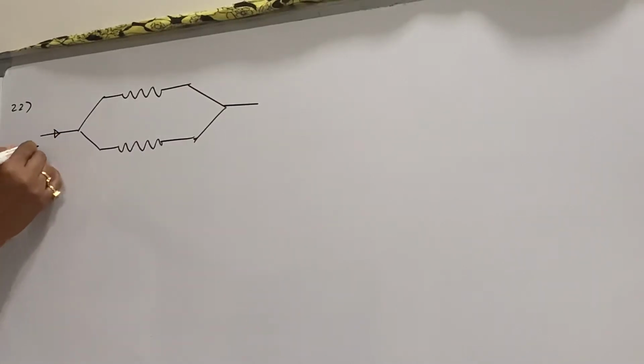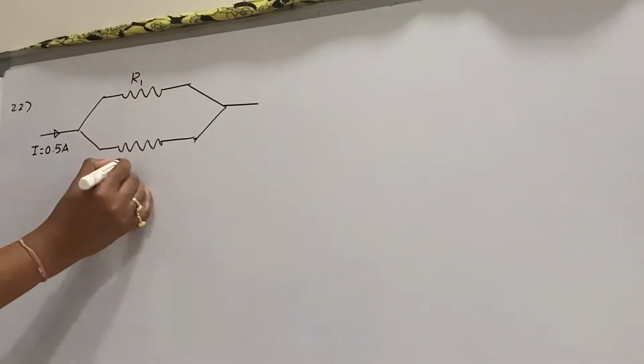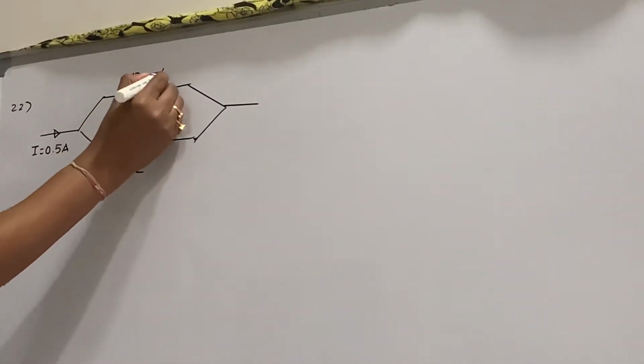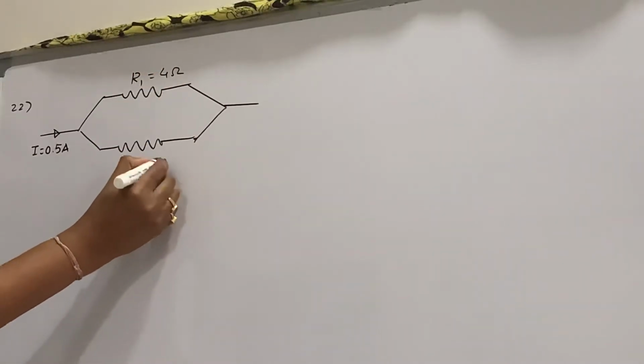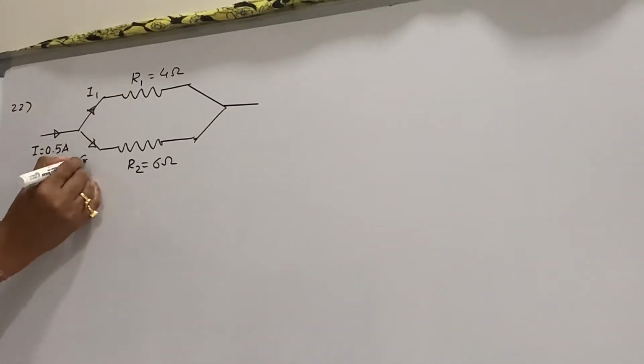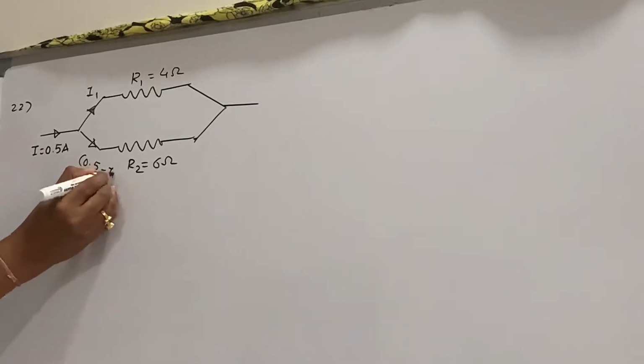The total current drawn is 0.5 ampere. R1 will be your 4 ohm and R2 is your 6 ohm. So let I1 be the current through R1 and the remaining current is 0.5 minus I1.